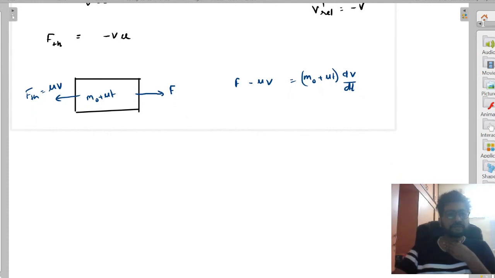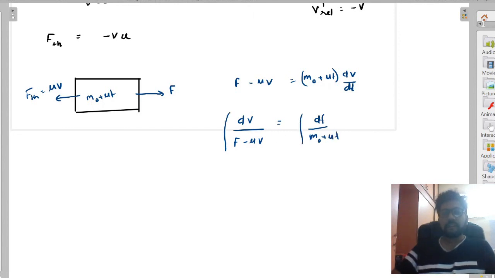Here this dv by dt is the acceleration of the flat car. Now you will separate variables: dv upon F minus mu v is equal to dt upon m naught plus mu t. Now at t equal to 0, you know that the velocity is 0.